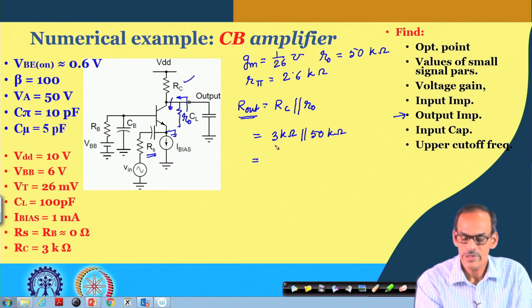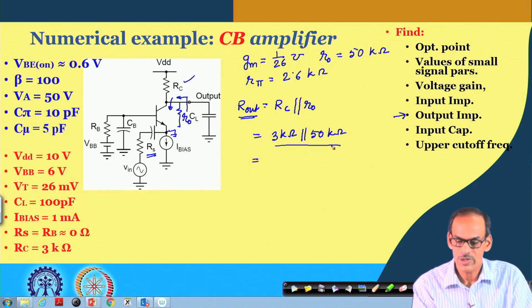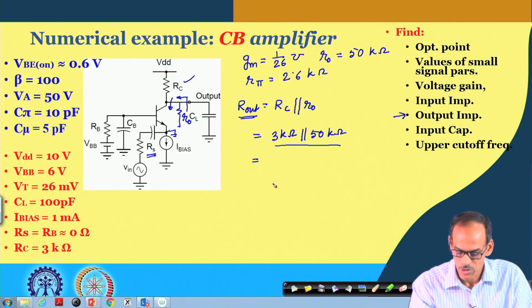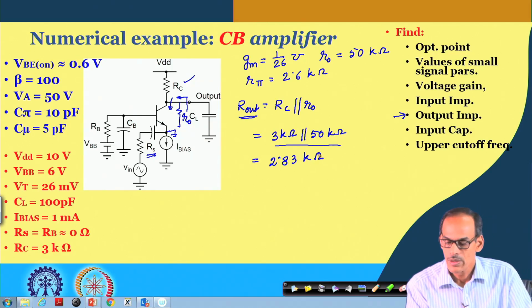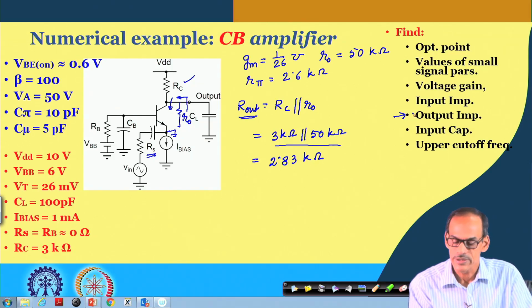Earlier we already calculated this resistance while calculating the voltage gain, and that is 2.83 kilo ohm.